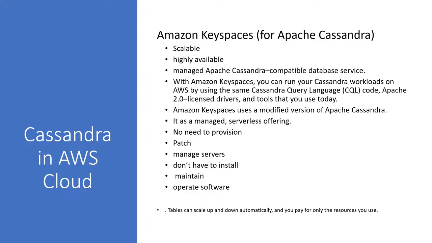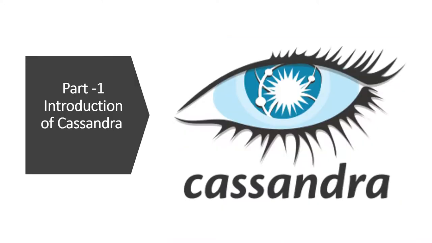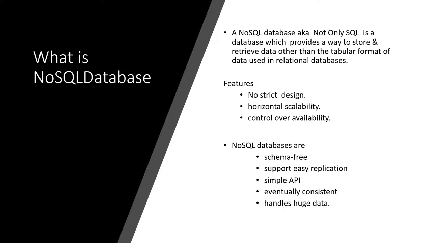So let's talk about Cassandra in AWS. Let me first talk about the basics of Cassandra. You can see Cassandra's logo with the beautiful eye. Before we start with what Cassandra is and why it is so popular, consider the top five NoSQL databases being used in the industry for several applications.